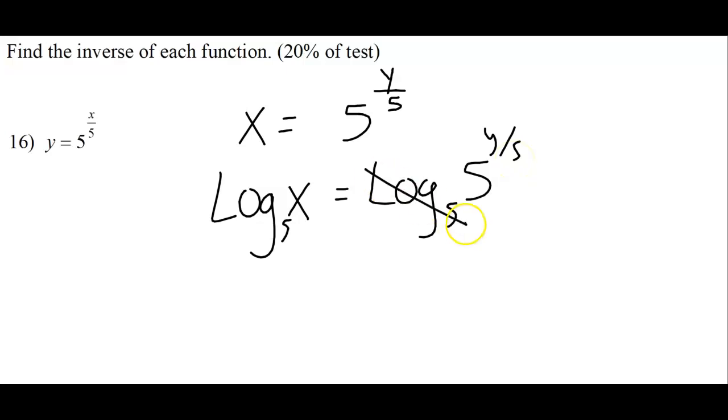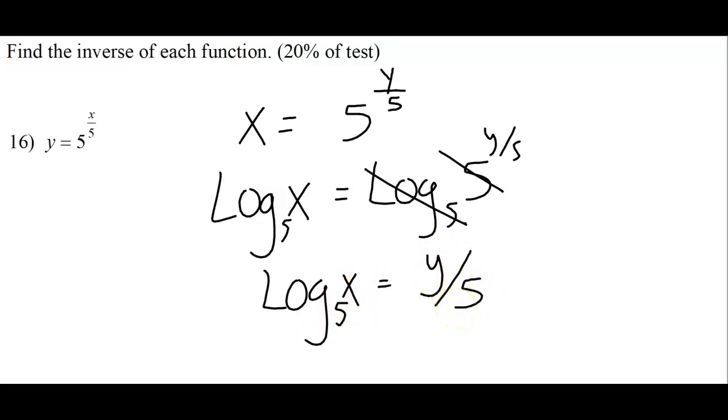On the right side, this log 5 cancels out that 5, leaving me with y over 5. The last thing I'm going to do is multiply both sides by that denominator to get rid of the 5 on the right side. And so the final answer there will be y is equal to 5 log base 5 of x.